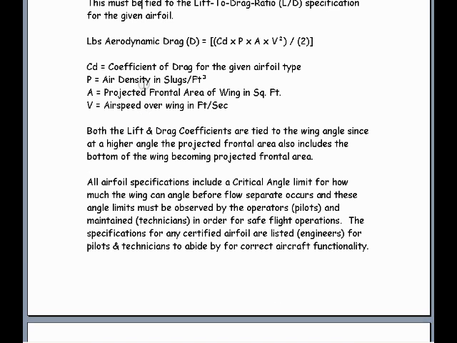Likewise, conversely, there is aerodynamic drag, and that is the same as the aerodynamic lift formula, except you replace the coefficient of drag for the airfoil or the airplane, or the entire total drag coefficient for the entire airframe and power plant, including the propeller, times the air density in slugs per cubic foot times the projected frontal area of the wing.